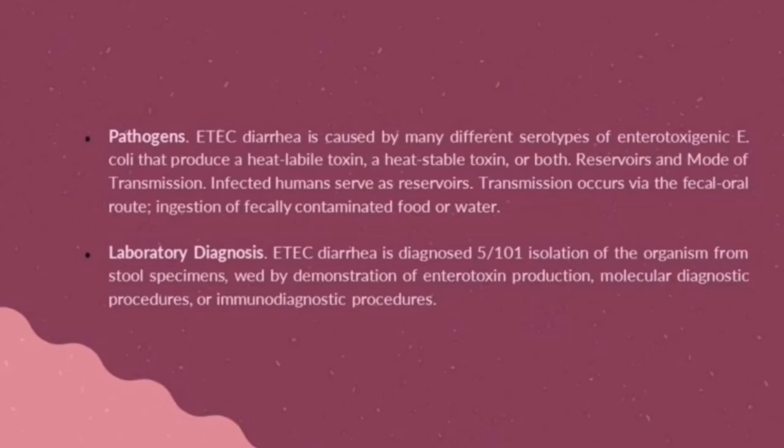Pathogens. ETEC diarrhea is caused by many different serotypes of enterotoxigenic E. coli that produce a labile toxin, a heat-stable toxin, or both. Reservoirs and mode of transmission. Infected humans serve as reservoir. Transmission occurs via the fecal-oral route, ingestion of fecally contaminated food or water.